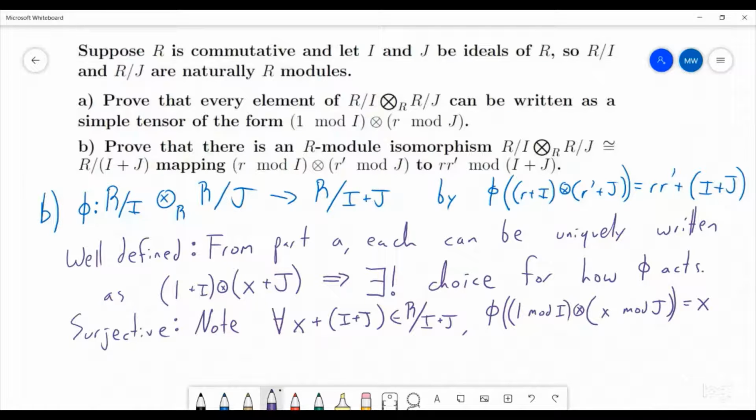And there we go. That's how we're going to be able to go through and do this. So that's showing this one is surjective.